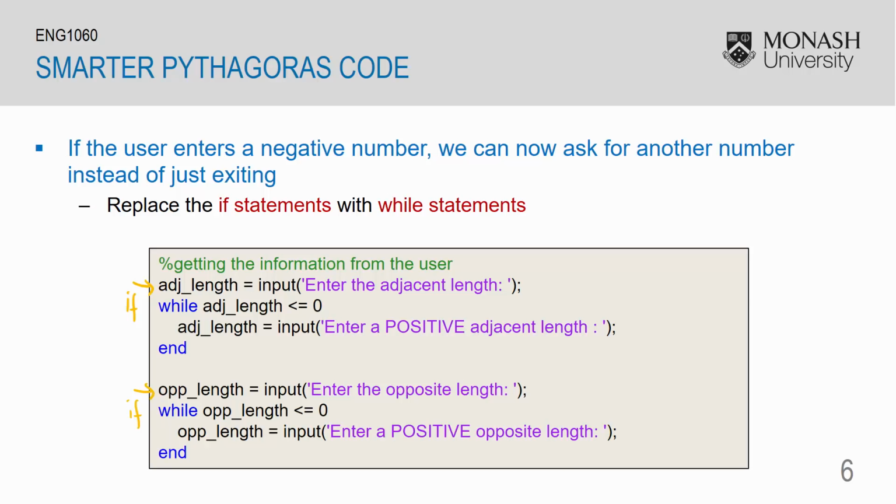So while adjacent length is less than or equal to 0, we can re-ask the user to input a positive length. The difference between the if statement and the while statement here is that the while statement will continue to check whether the input is a positive length, whereas the if statement will only check it once.